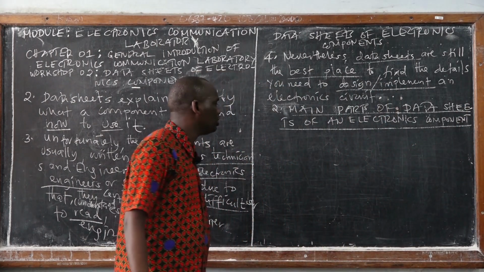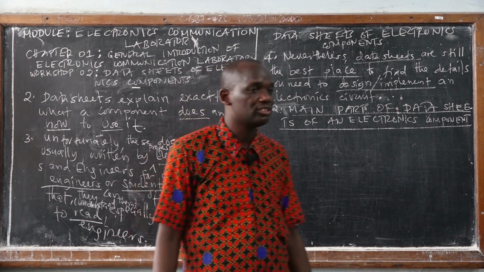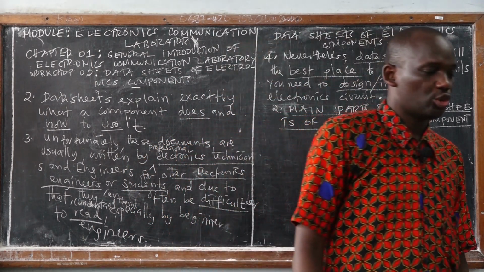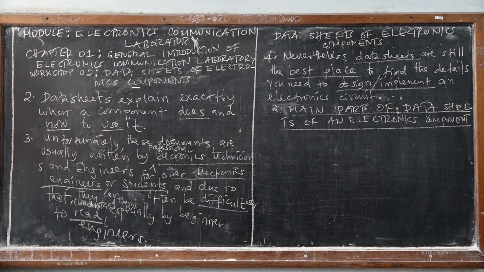It depends, but we as electronics and telecommunication engineers agree to have at least the 7 main parts of the data sheet that every electronics technician and every electronics engineer must understand. So when you read the data sheet, you have to pass through those 7 parts and you will understand the data sheet. However, you may read a data sheet once and not understand anything. Second time, still little, but the third time, if you are really serious, you could get some information.